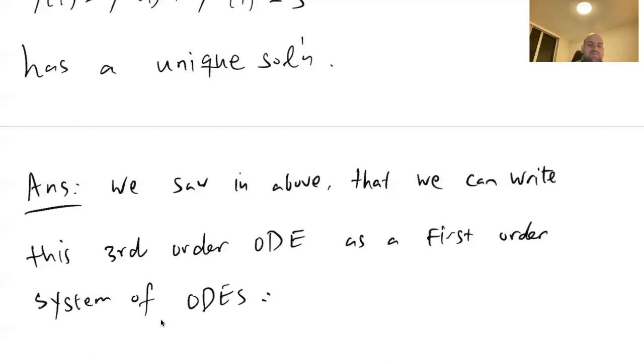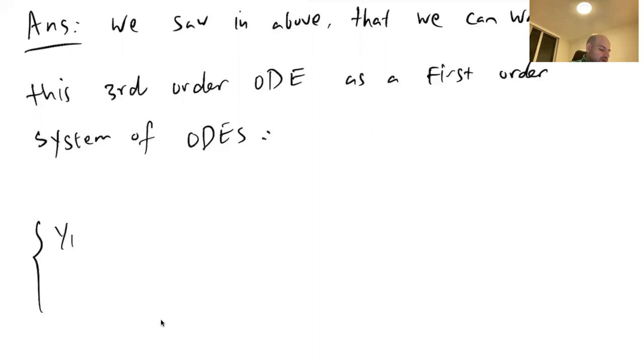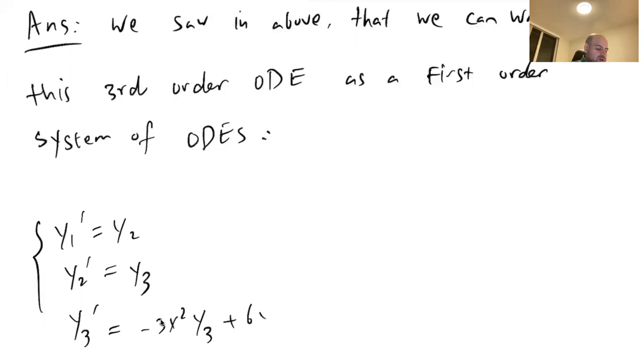How did we do that? Well, we said that y1 prime will be same as y2, y2 prime will be same as y3, and y3 prime was same as minus 3x squared y3 plus 6y2 minus 7y1.